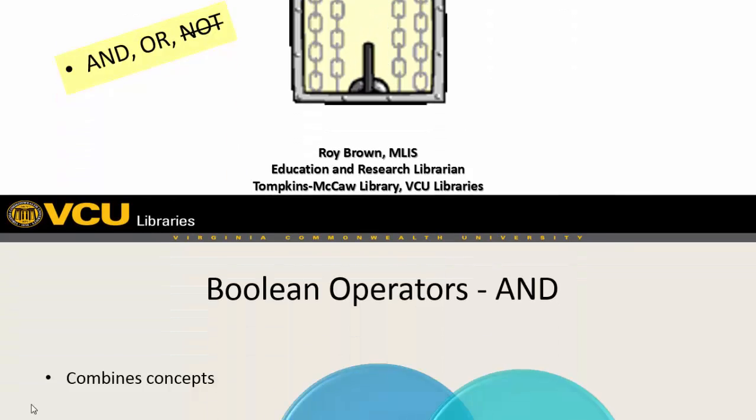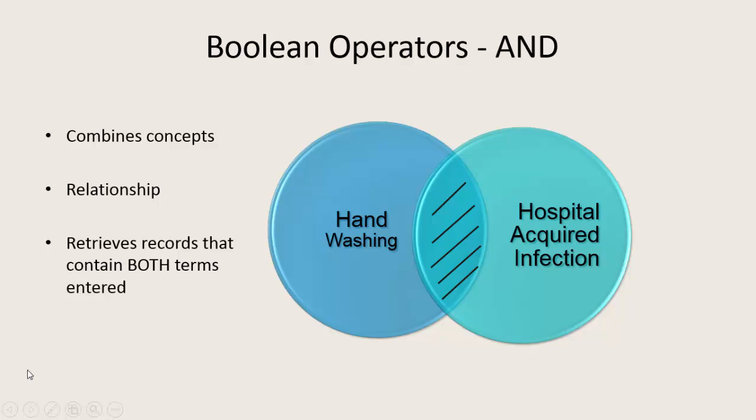When it comes to using these, the and operator will provide a relationship between two concepts. Take, for example, the question of hand washing preventing hospital-acquired infections. I may want to know how hand washing affects hospital-acquired infections, so I may want a direct relationship between them.